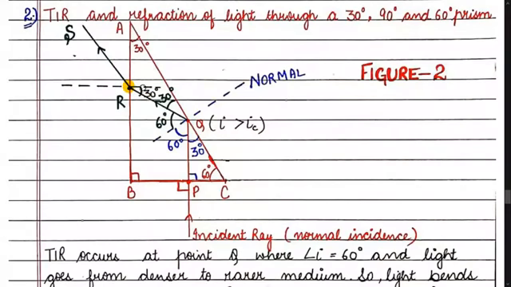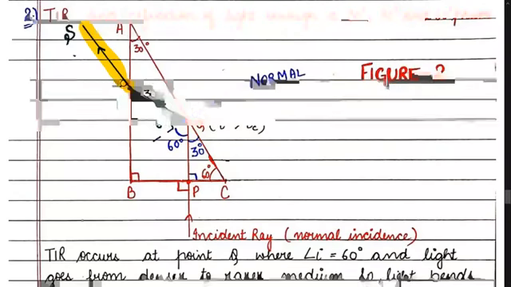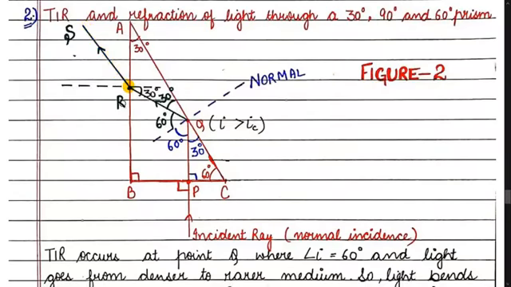But here the angle of incidence is 30 degree, which is less than 42 degree, due to which the ray at point R is not internally reflected. Rather, the ray passes to the other medium and the process of refraction occurs.